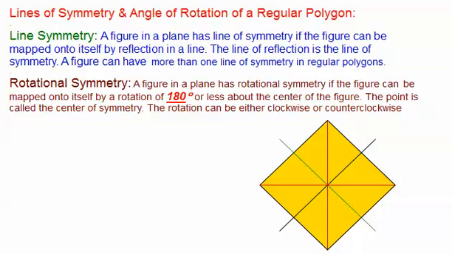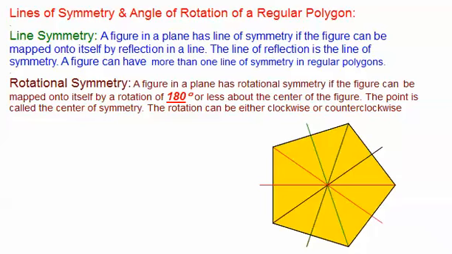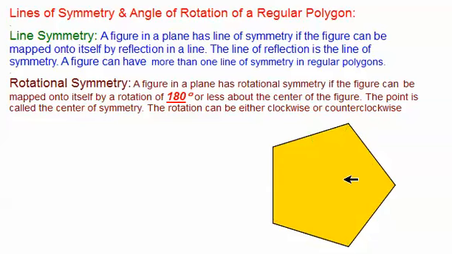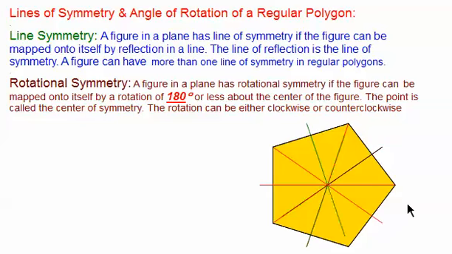Now let us try the next polygon, which is the pentagon, which has five sides. How many lines of symmetry am I going to have when I draw it? It is like a triangle, which has three sides. In this case, I have to draw each line of symmetry from the vertex, connecting to the midpoint of the opposite side.